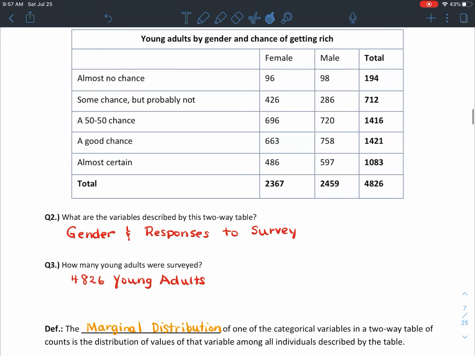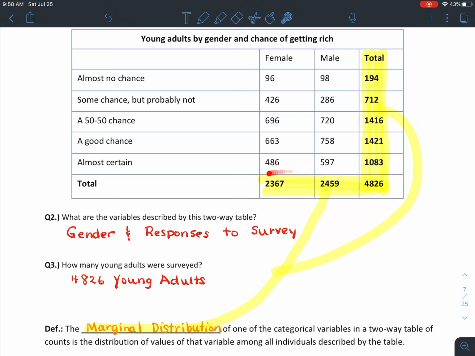Okay, what we're going to focus on, though, is something called a marginal distribution. Okay, and this is called a marginal distribution because it's found in the margins. So you'll notice those totals I was just describing, here and here. That's what we're referring to when we talk about a marginal distribution. It's one of the categorical variables.